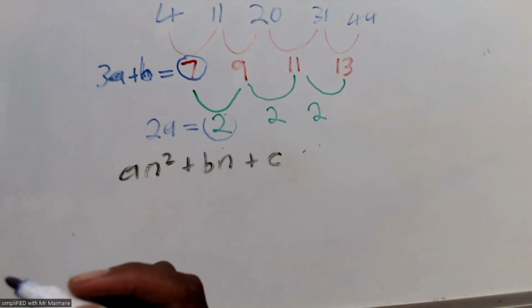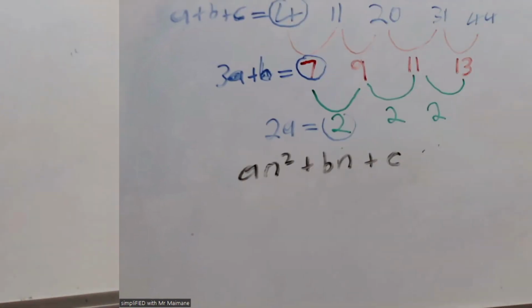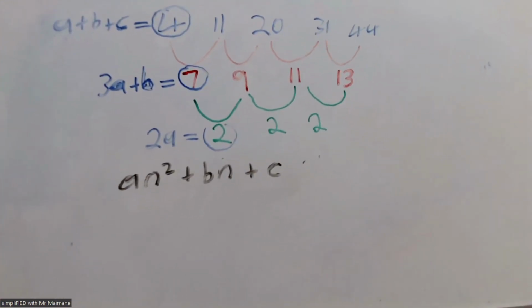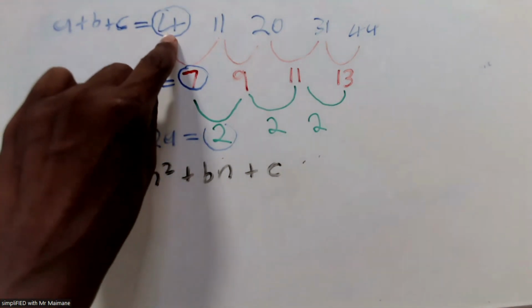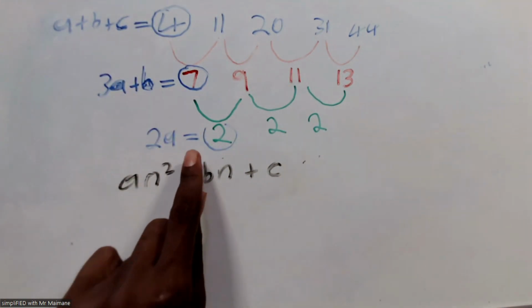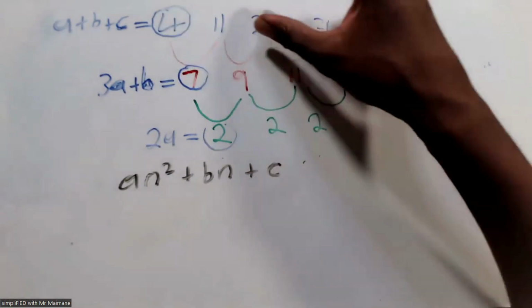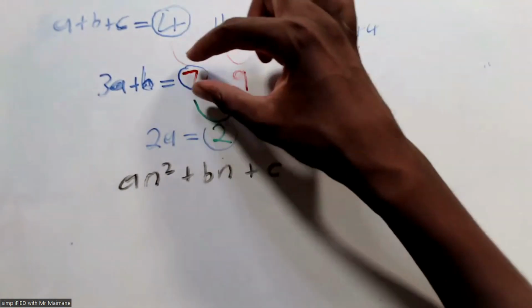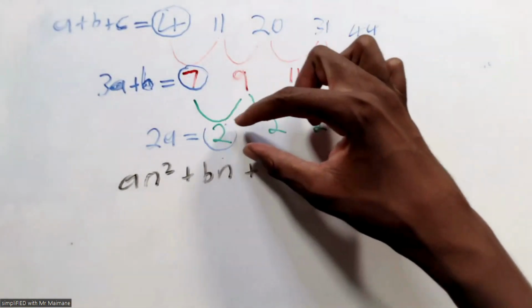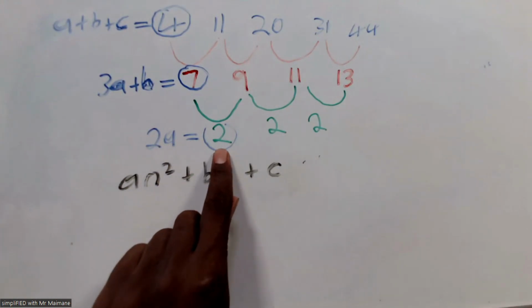And then for the original sequence, we just say a plus b plus c is equal to the first value. So if you see, everything is assigned to the first value. But first, you have to get your sequence. It's going to be given like this. You're going to get your first difference in this order. You get your second difference in this order. And then you assign 2a to be the first value of the second difference.